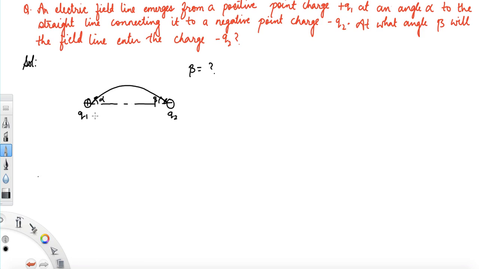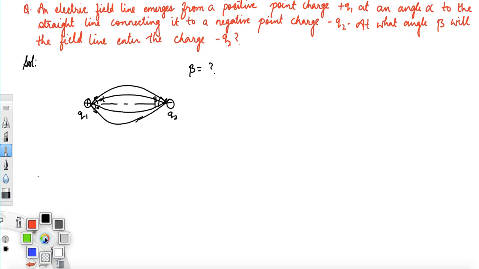In order to find it out, we can think of electric flux. If we consider a surface envelope, symmetrically, let's say this angle is also alpha and beta. This surface envelope in 3 dimensions is going to cover all the electric field lines within the envelope, right?